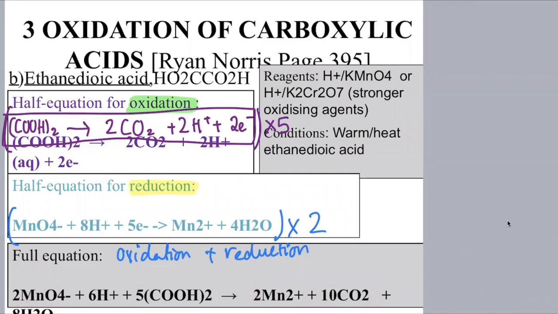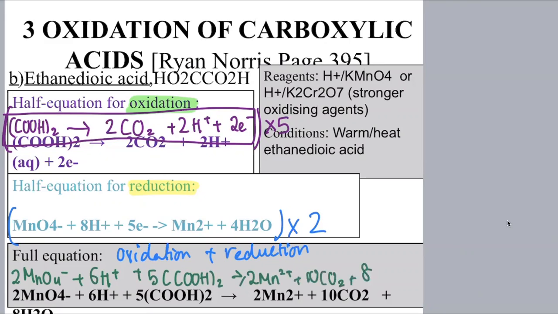Maybe I'll rewrite it for you just in case you don't get it. 2MnO4 minus plus 6H plus plus 5(COOH)2 to form 2Mn2+ plus 10 CO2 plus 8 H2O. Okay, so that's the full equation.